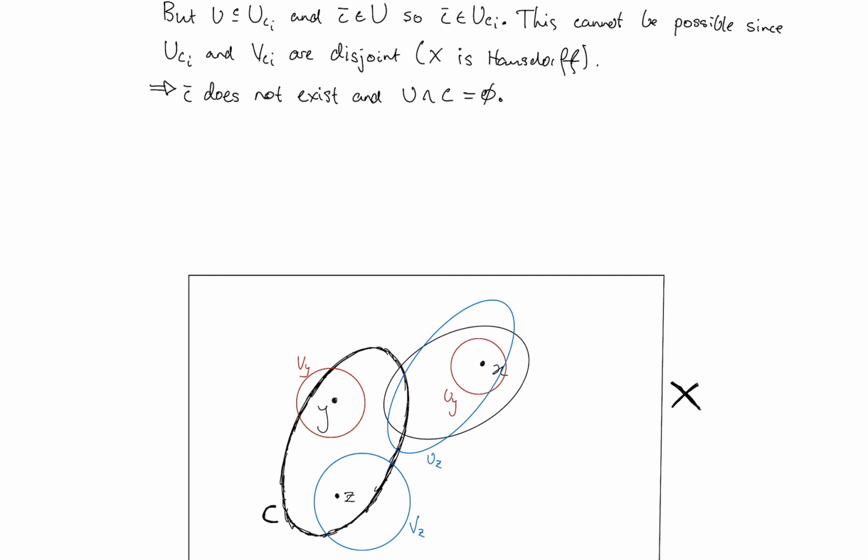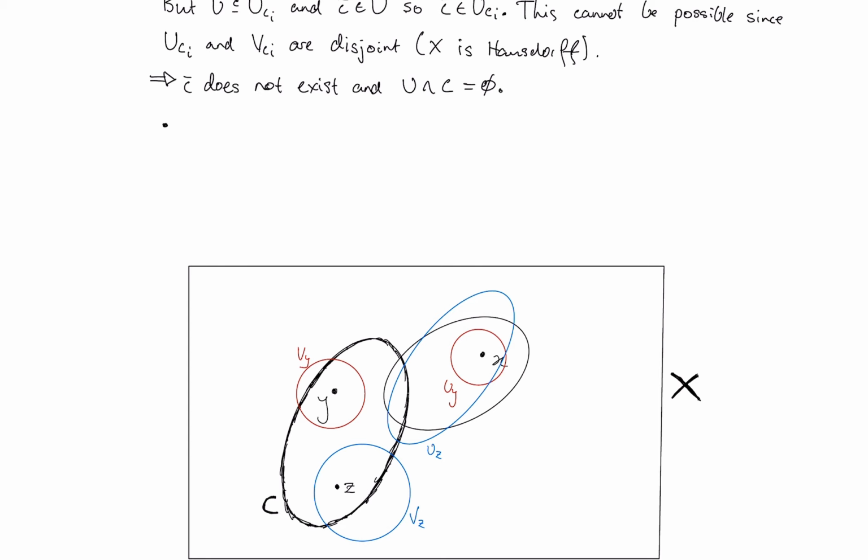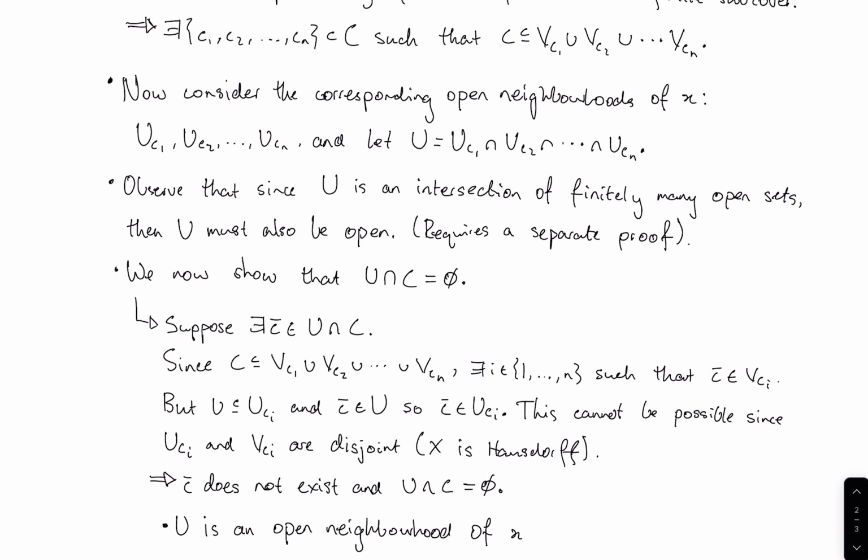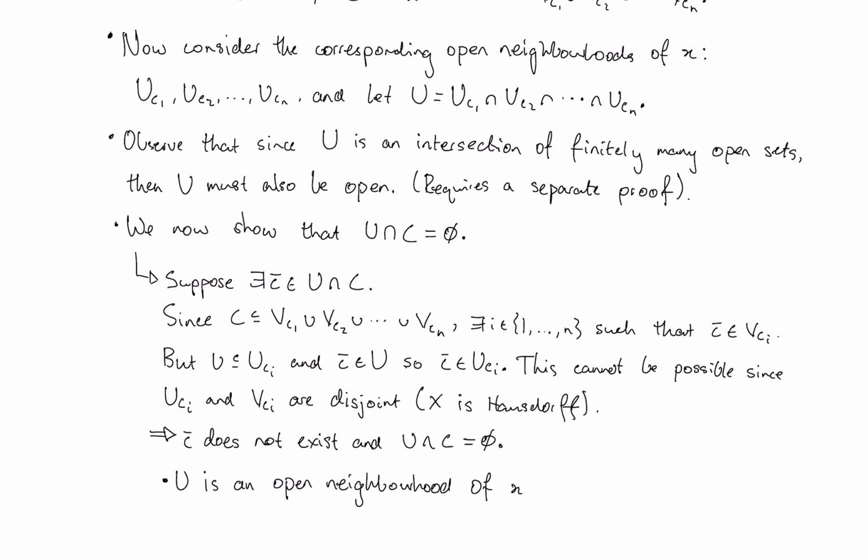So what does that mean? We have that U is an open neighborhood of X, which we've shown, and it's disjoint from C. So remember how we've defined U to be the finite intersection of all those corresponding open neighborhoods.